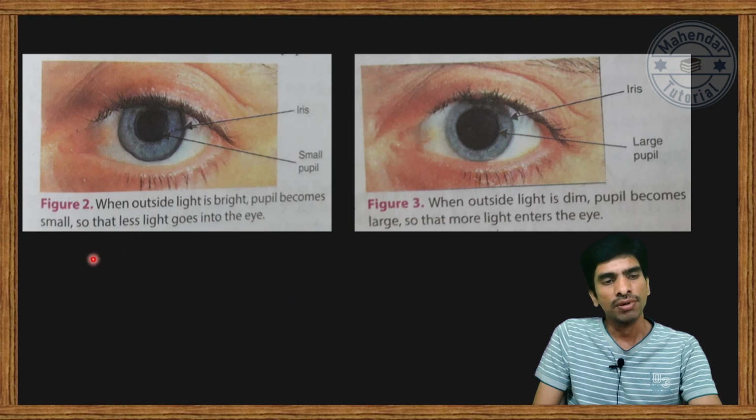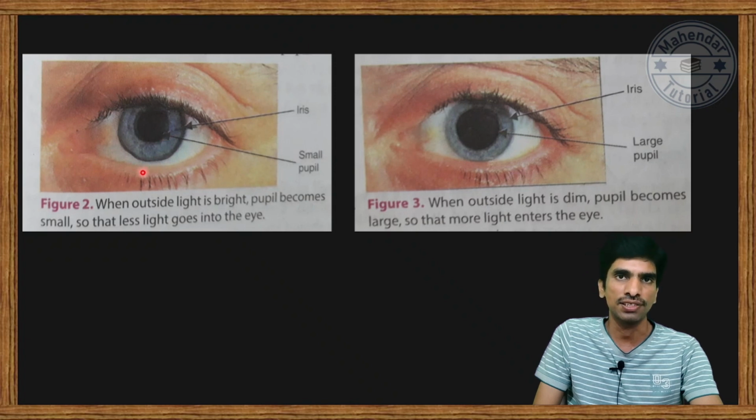For example, here the eye is in bright light conditions. When we see the objects in the daytime, our iris contracts, then the pupil becomes small, then less amount of light only enters into our eyes.